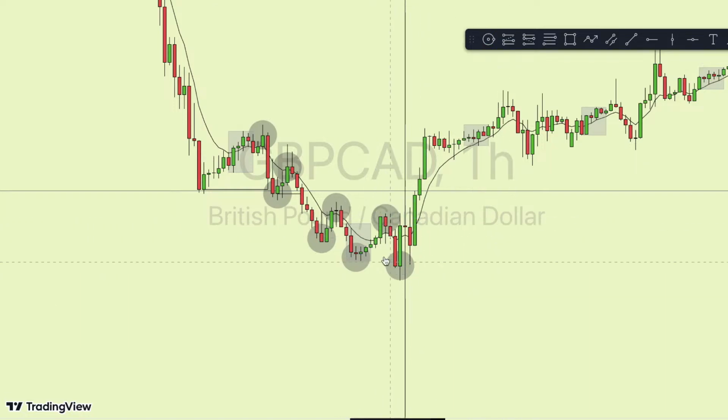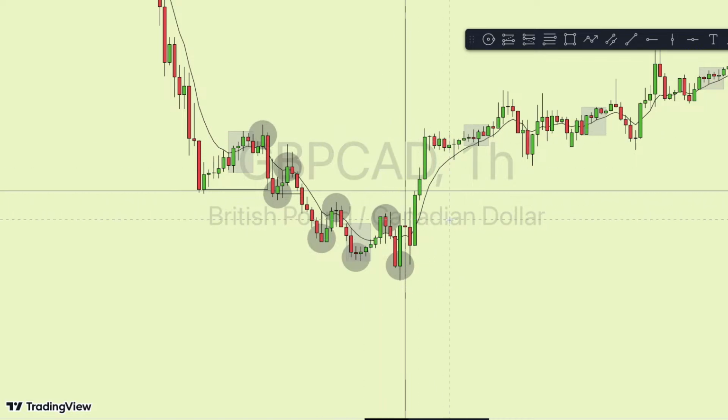Now this lower high needs to be respected, and it did right here. This would have been a proper lower high, and it could have continued bearish structure to the downside, but what ended up happening was it got disrespected and broken and made a higher high. Why is this a higher high? Because this high broke this high and made a high higher than the previous high.